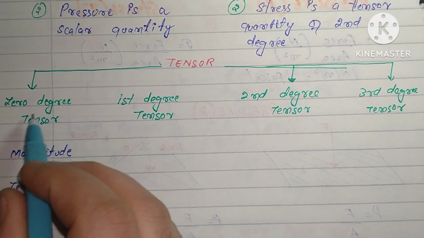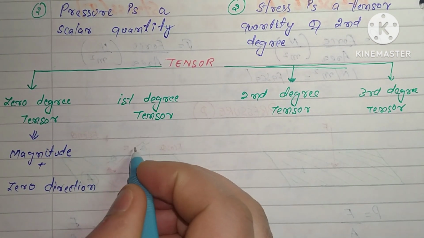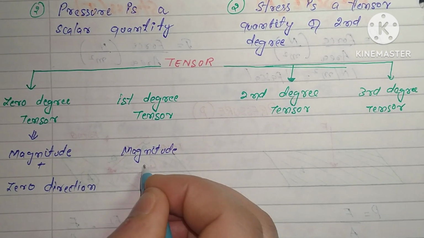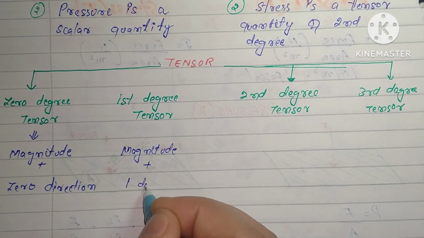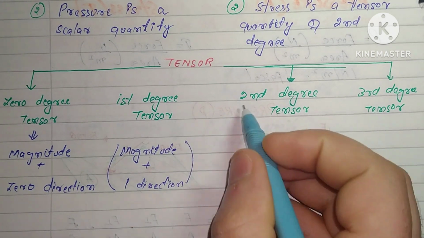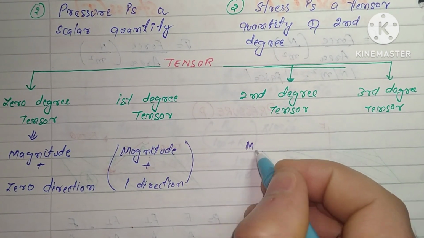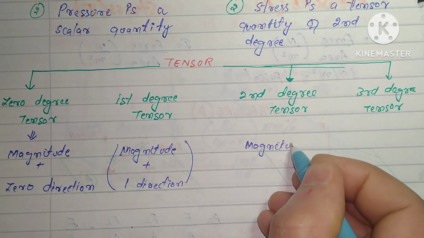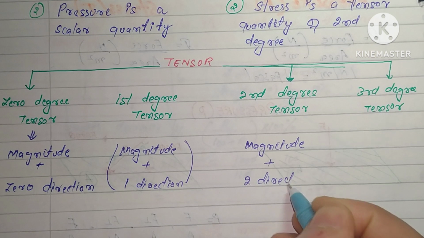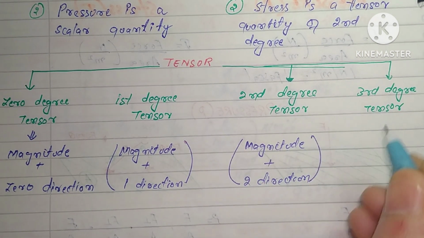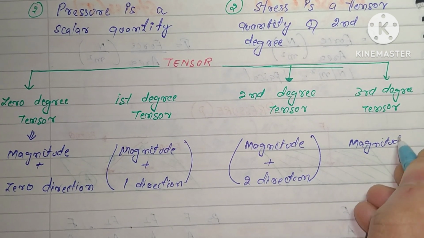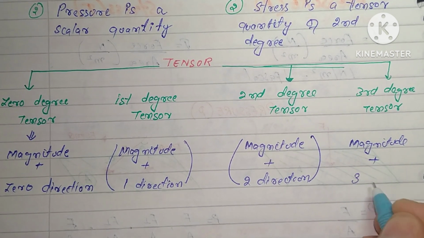It is called a 0 degree tensor. A first degree tensor has magnitude and one direction. A second degree tensor similarly has magnitude and two directions. A third degree tensor has magnitude and three directions.